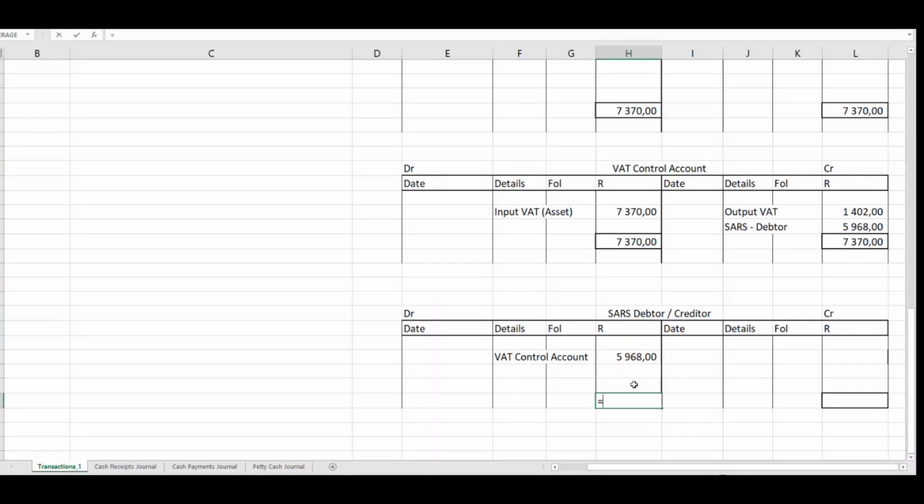So here, because we only have VAT, we'll use the same amount as the balance. And this is a debtors' account, or an asset account, that is going to have the balance carried down. Balance carried forward, which next year or next month is going to be a balance brought down of the same amount.